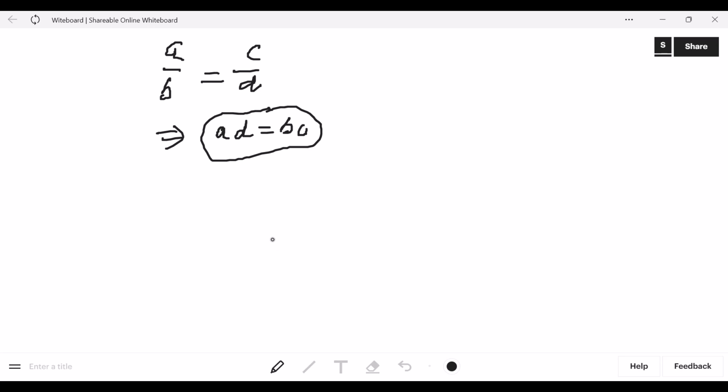For example, let us say we write 2 upon 7 equal to 8 upon 28. Both are equal rational numbers. So let us cross multiply these. This becomes 56. This also becomes equal to 56.